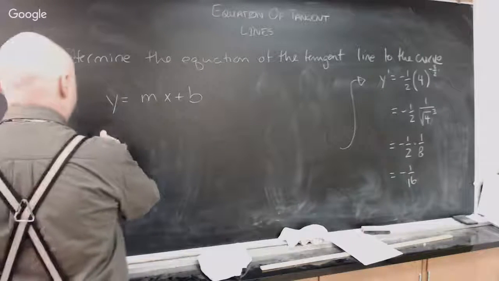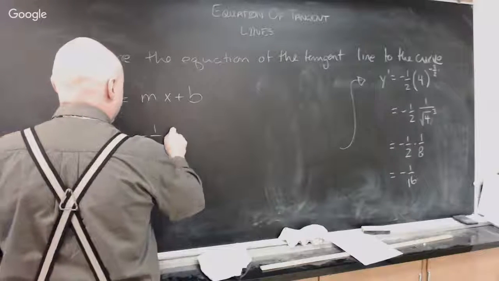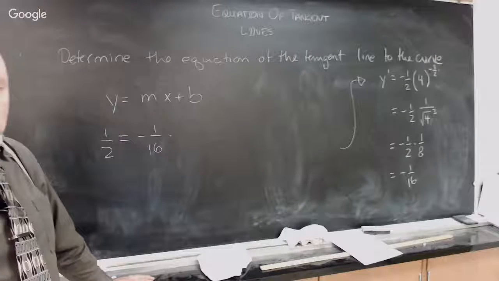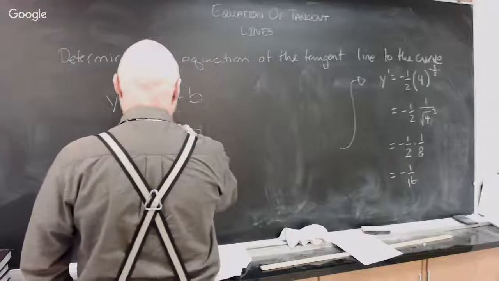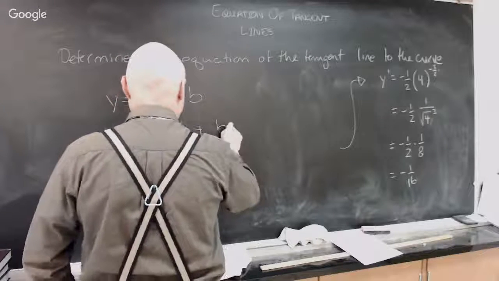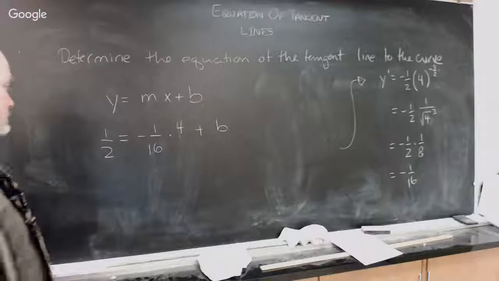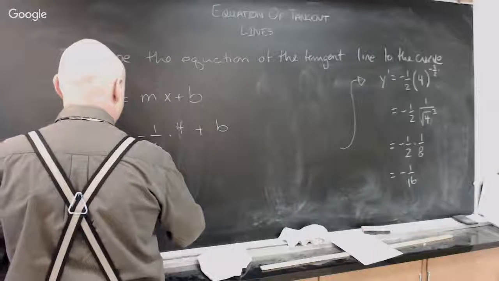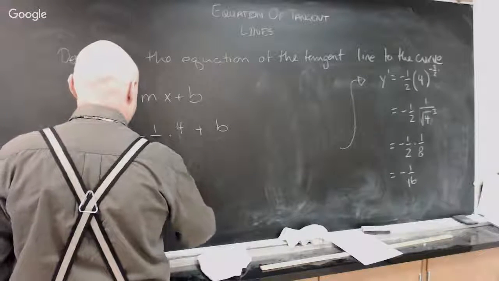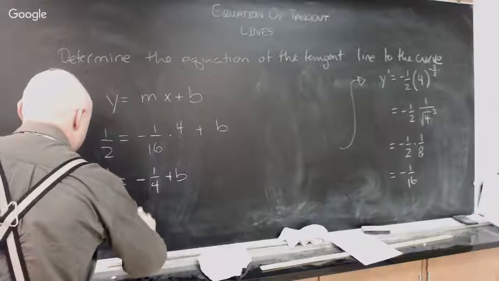So 1/2 is equal to -1/16. And then x is 2, correct? 4. X is 4, just like I thought it was. Okay. So 1/2 equals -1/16 times 4 plus b. 1/2 equals -1/4 plus b. So 3/4 is b.